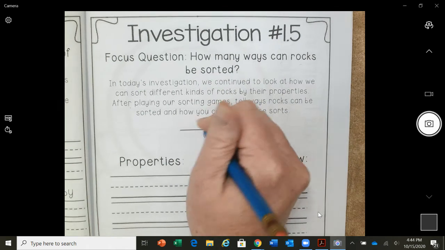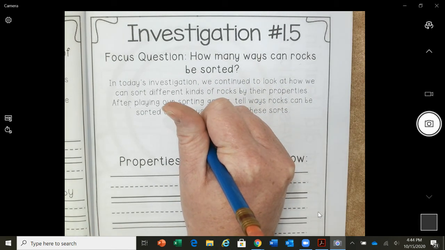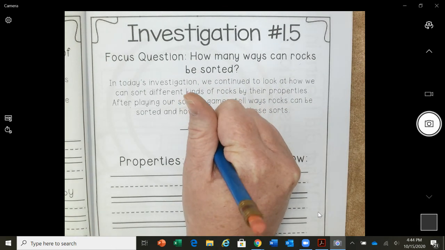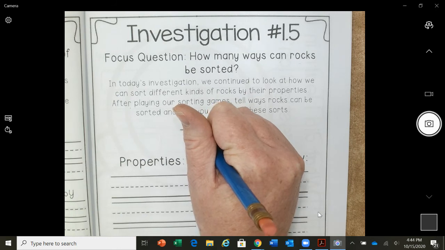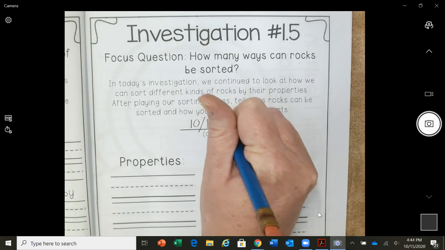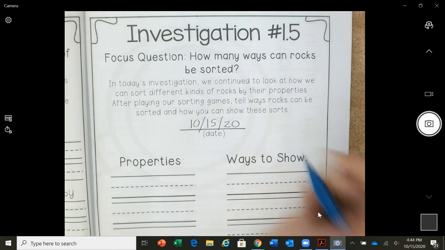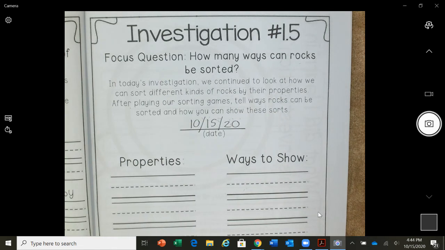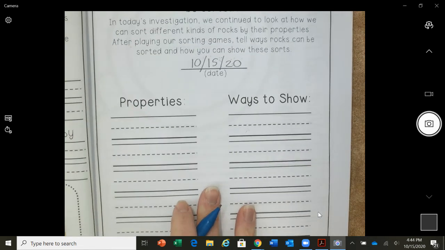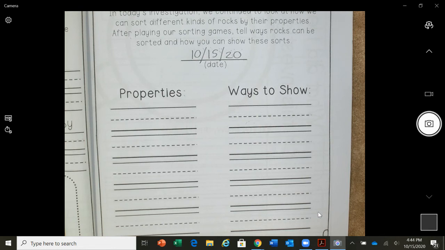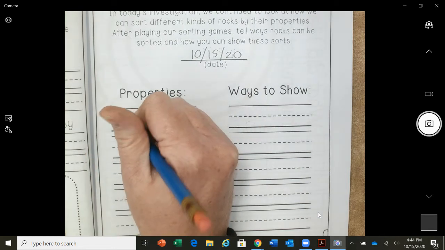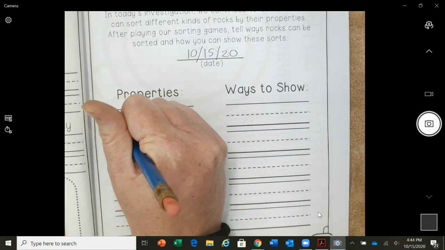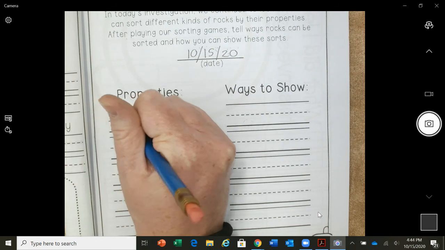So I'm going to write today's date, which is 10-15-20. And I'm going to talk about the properties we just talked about. So our first one was size. So we sorted by size.